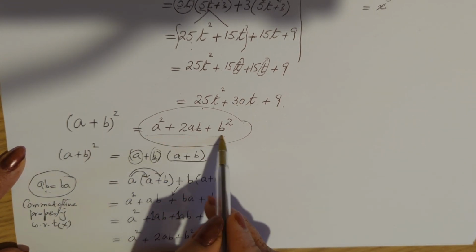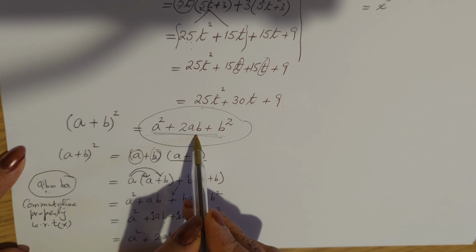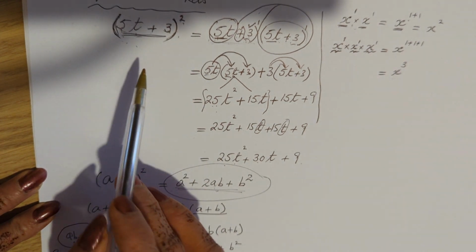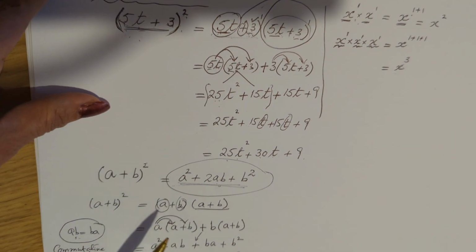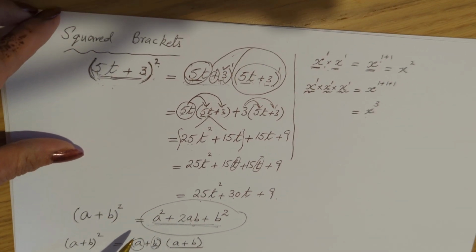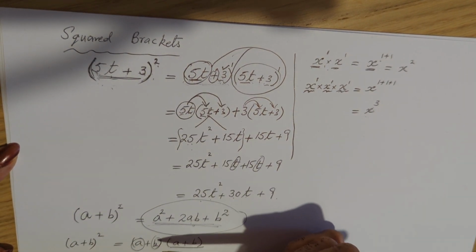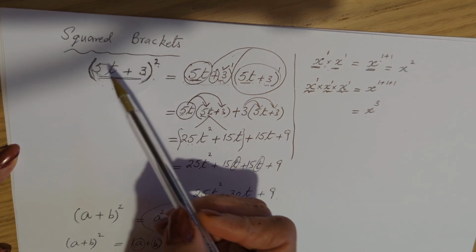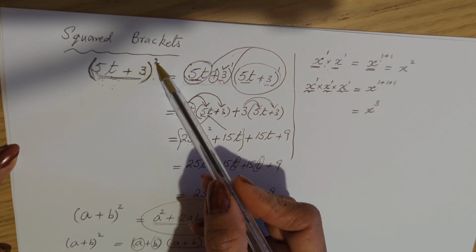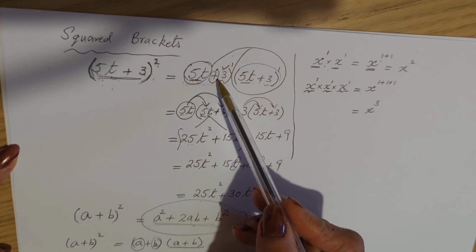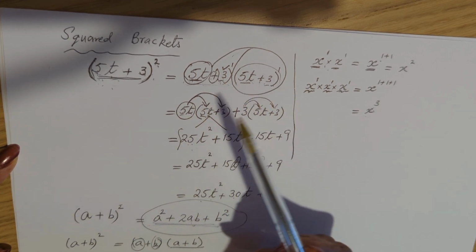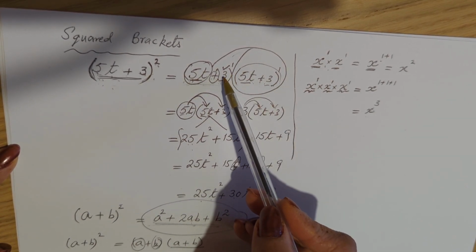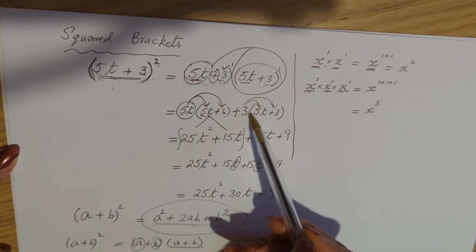So this is the formula which you have to memorize, and according to this formula you can easily solve these types of questions, like 5t plus 3 whole square. Or if you don't know how to apply this formula, the easy process is what you will do: 5t plus 3 whole square will be written as 5t plus 3 into 5t plus 3, and then this first term will multiply by all of this, and then the second term will multiply by all of this.